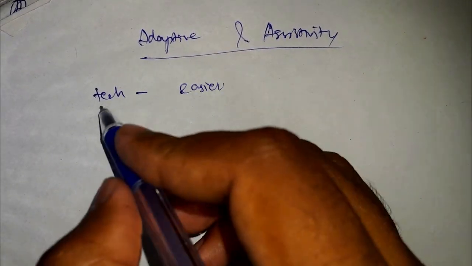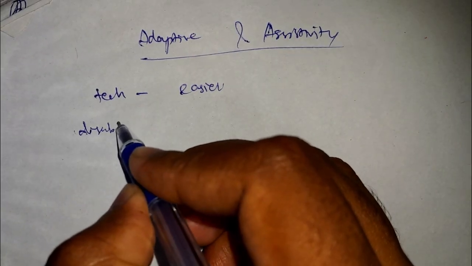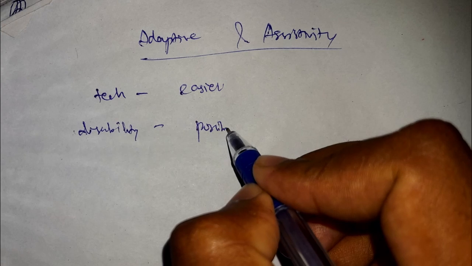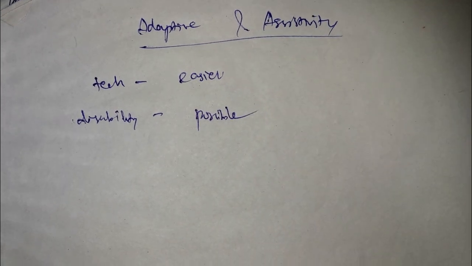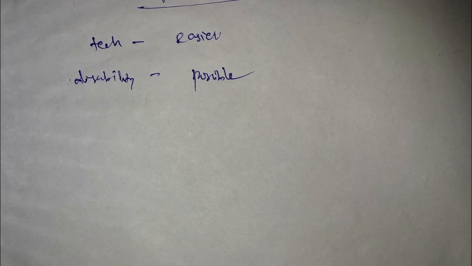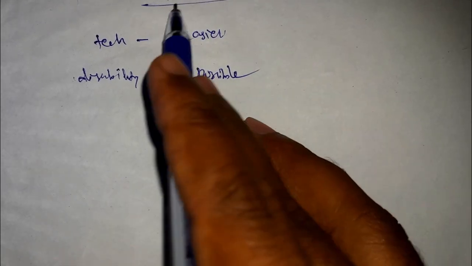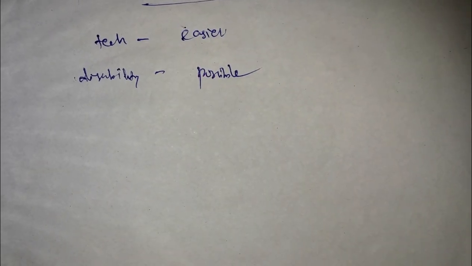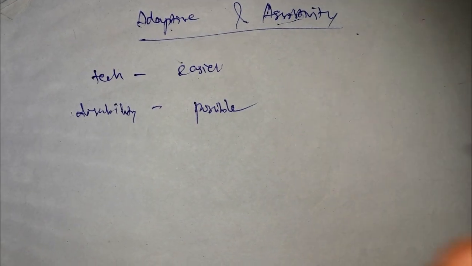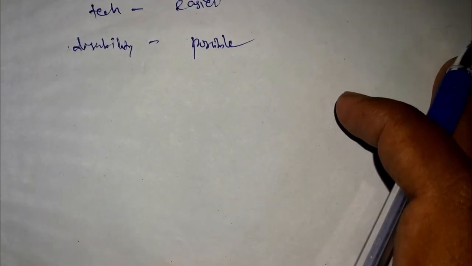But for disabled people, technology makes things possible. Like these quads. So assistive and adaptive technology is used according to the client. We will discuss the various assistive and adaptive technologies in our further videos, so I'm not going to talk about this in this video.